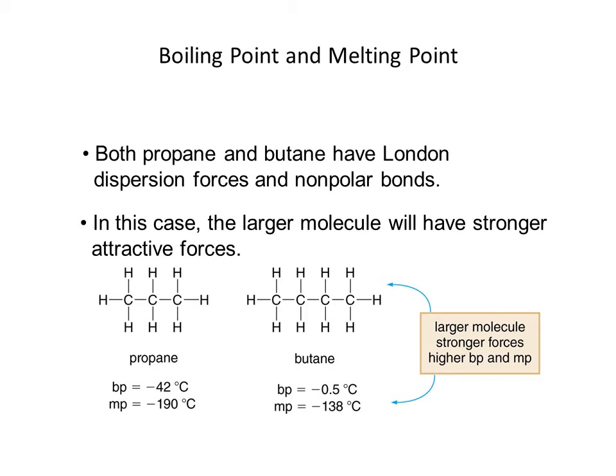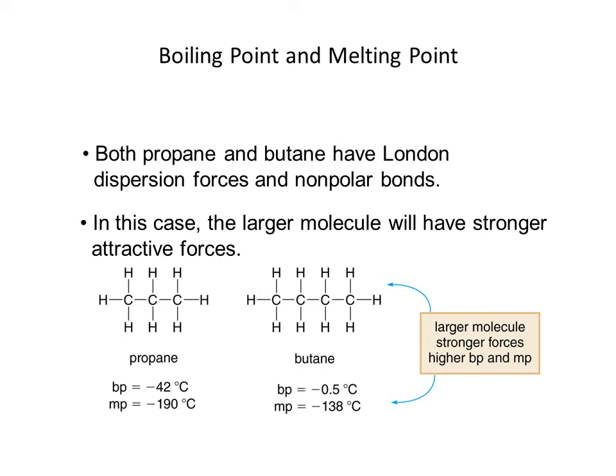If we compare these two molecules, we can see that there's no possibility of any hydrogen bonding because we do not see any oxygen-hydrogen bonds or nitrogen-hydrogen bonds. We also can see both of these molecules are nonpolar, so there's no dipole-dipole forces. The only intermolecular attractive force that these two molecules have are dispersion forces.